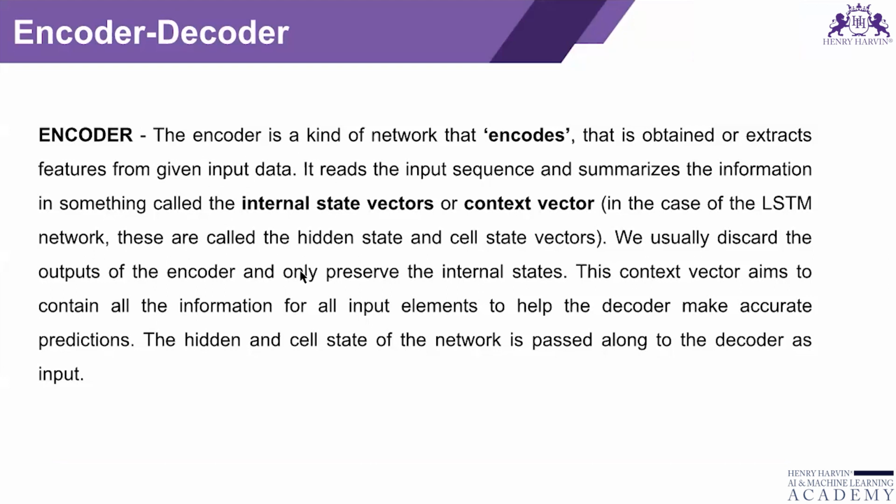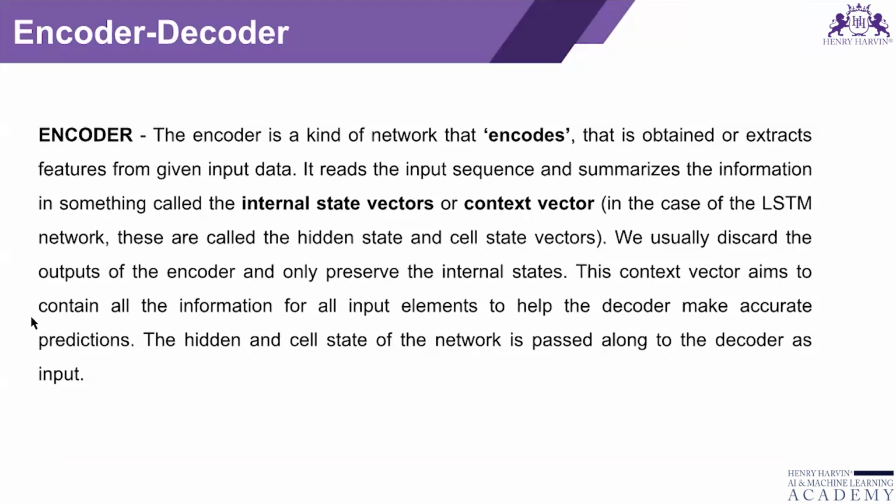So each word has some frequency, and that frequency is calculated and noted in a table, where the column will be the word name. So it will create a vector, or you can say a context vector. In the case of the LSTM network, these are called the hidden state and cell state vectors.